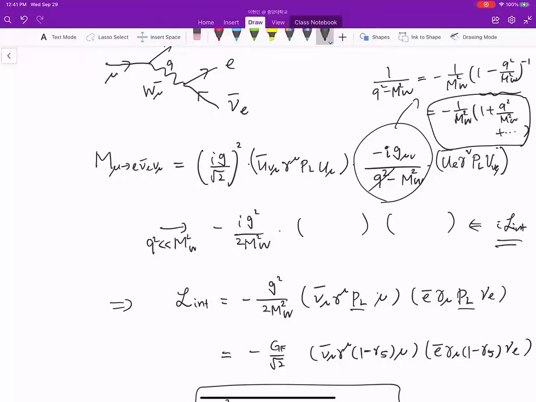We took only the leading term in order to identify the Fermi interaction, but here we have a higher order momentum dependent term. That corresponds to including the kinetic term for the W boson at the level of the Lagrangian.